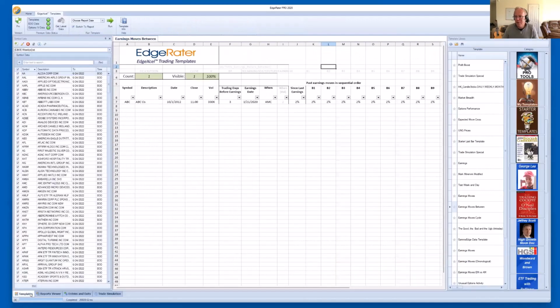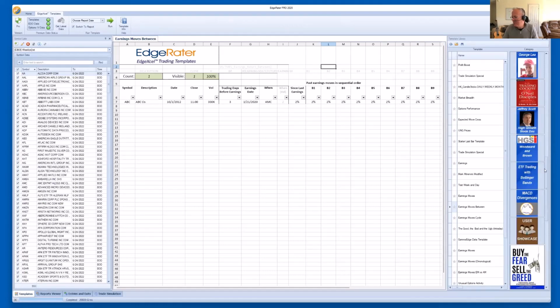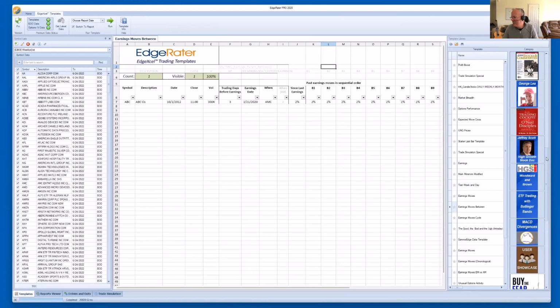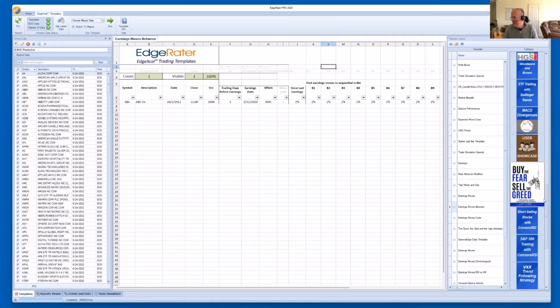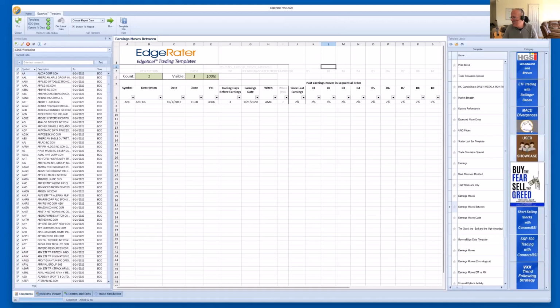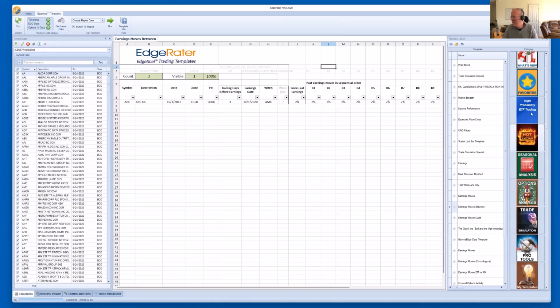Obviously, I did mention that the ETF Trading Bandit is another program, and that is specifically about the high probability ETF trading strategies. However, there is a template in EdgeRater Pro as well. If you look for the category called high probability ETF trading, which I think I added to the top, there we go.